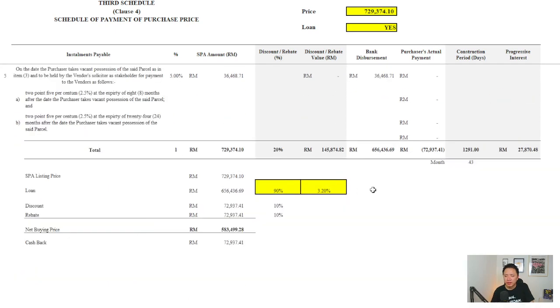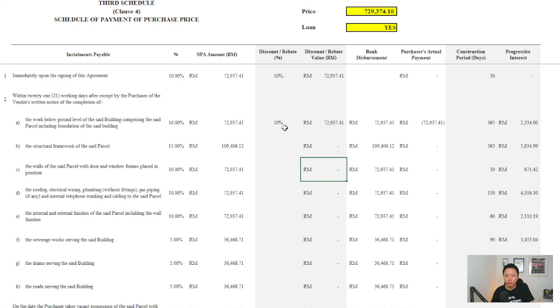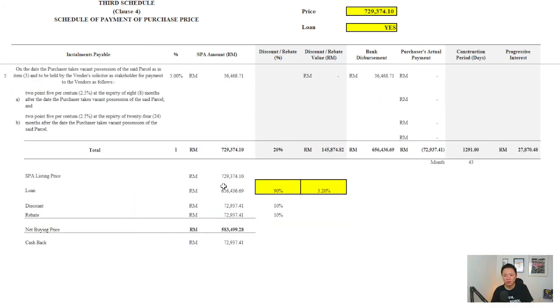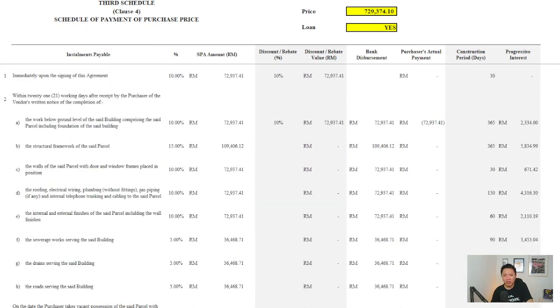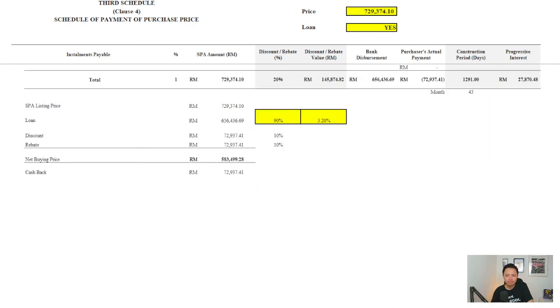So it means that your net purchase price is 580. So you have 20% discount, although 10% is discount and 10% is rebate. So your rebate is 72,000. This is what you get for the cash out, the so-called cashback. Now try to run a scenario where you get a loan of 80%.